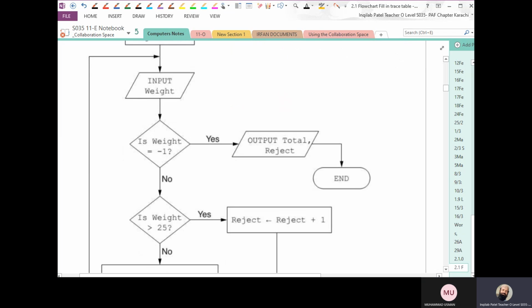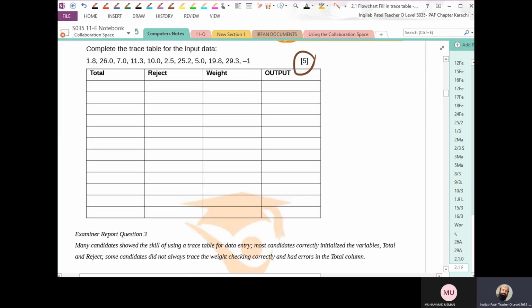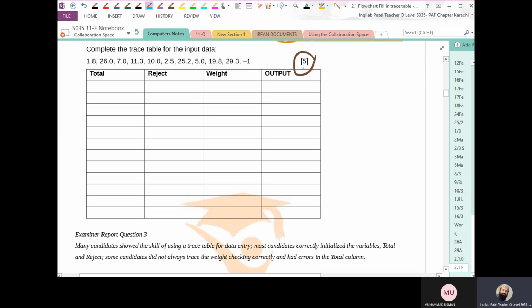Now you will see that in this question there are 4 columns but the marks are 5. So what will be the marks distribution? Total will be 2 marks and 1 mark for each, right? Yes sir. Are you getting my point? Yes.